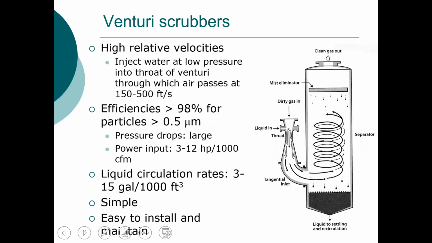And then we have Venturi scrubbers, these typically are operated with a cyclone separator. The difference is you have a Venturi here, and you're actually adding the liquid and the gas at the Venturi.